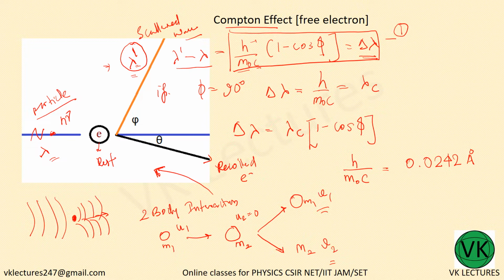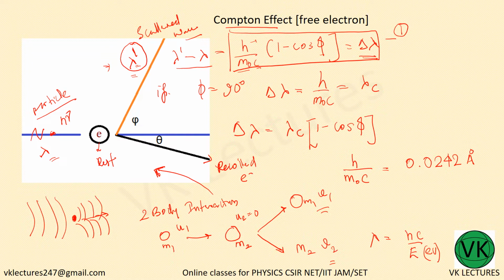Now how will you find this lambda when energy is given? For example, in such a question, instead of lambda they will give the energy. So energy in terms of electron volts, say 2 electron volt energy, and you need the wavelength. So how to find it? Lambda is equal to hc by E. If this E is not given in electron volts, you have to convert it into electron volts.